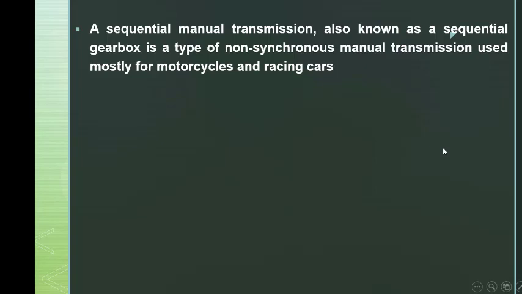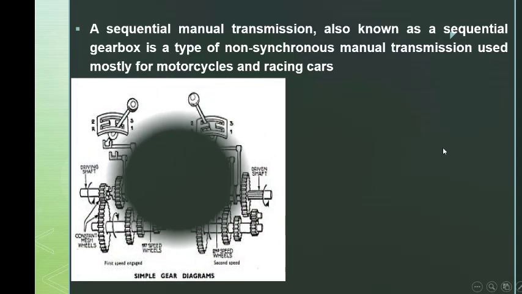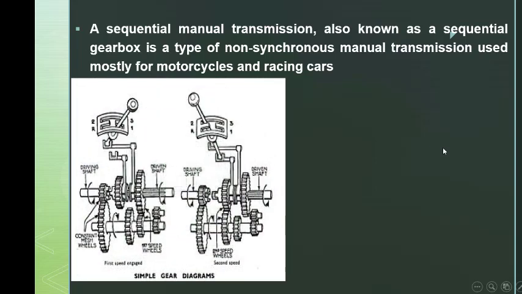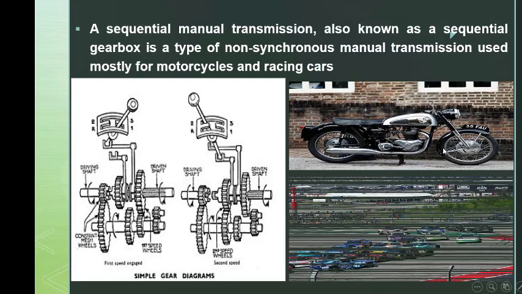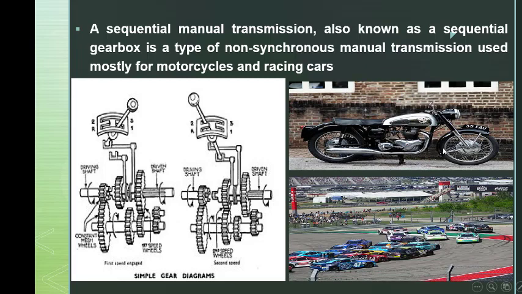A sequential manual transmission, also known as a sequential gearbox, is a type of non-synchronous manual transmission, used mostly for motorcycles and racing cars, also in the manual cars around us.